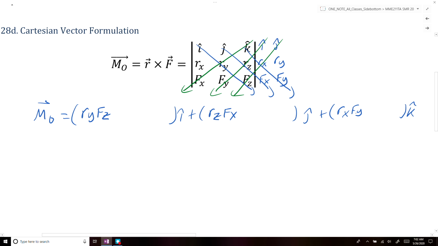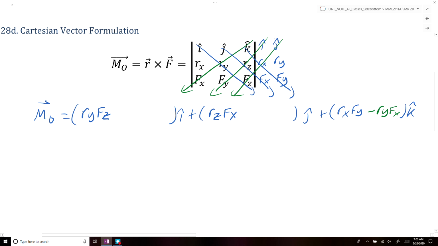And then we go back here and we'll get minus ry times fx, minus rz times fy, and rx times fz. I'm sorry, I made a mistake here. So the first diagonal we get ry times fx, which should be multiplied by the unit vector k.